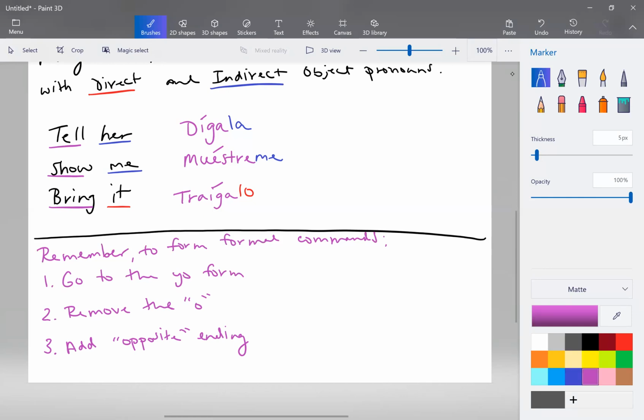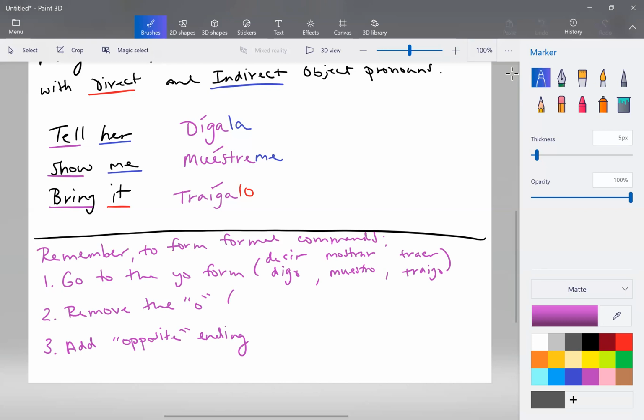And we can see that I did that up here. The yo form of decir is digo. Mostrar is muestro. Traer is traigo.